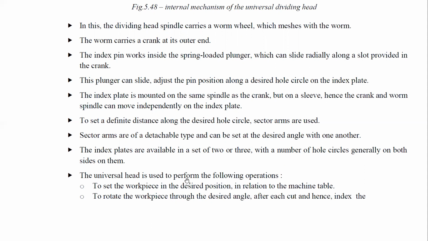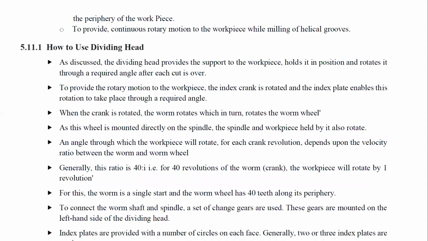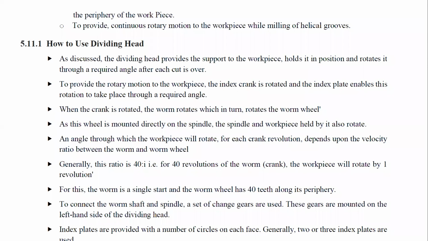The universal head is used to perform the following operations: to set the workpiece in desired position in relation to the machine table, to rotate the workpiece through the desired angle after each cut, hence indexing the periphery of the workpiece, and to provide continuous rotary motion to the workpiece while milling helical grooves.